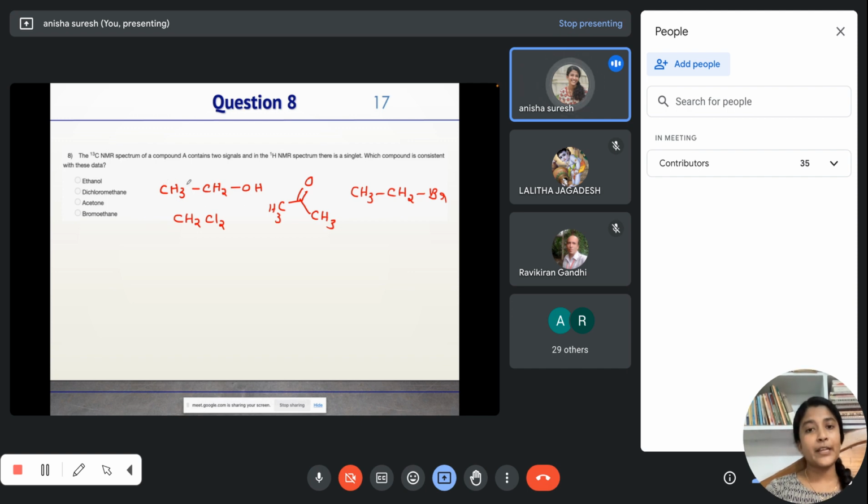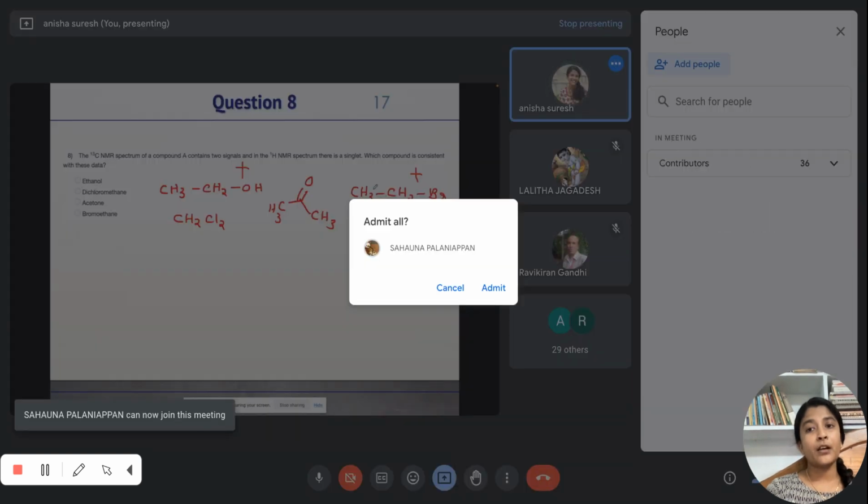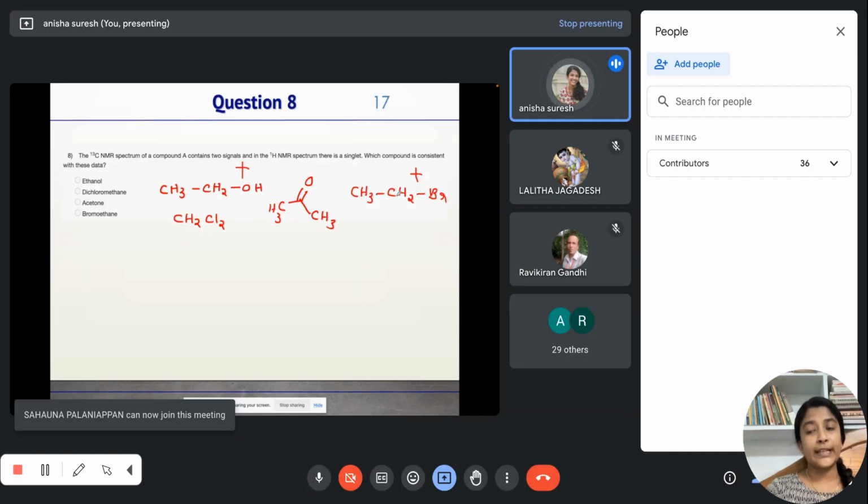So there will be two 13C signals, but the proton spectrum also contains two distinct signals. These will come in the region of 0 to 3, and 3 to 4.5. So this will not be the correct option. Ethanol we can rule out. Similar is the case with bromoethane, which will also have two signals for 13C and two signals for proton.